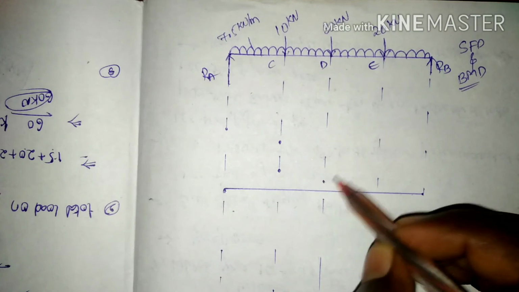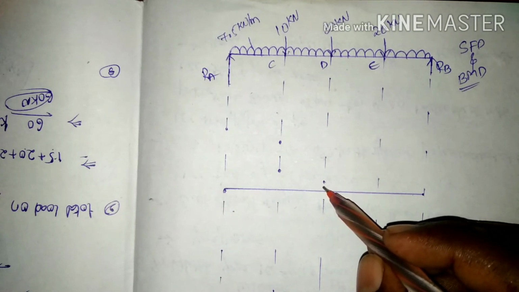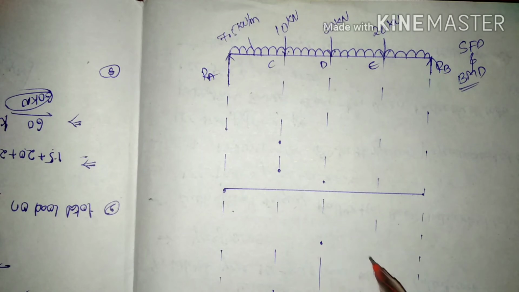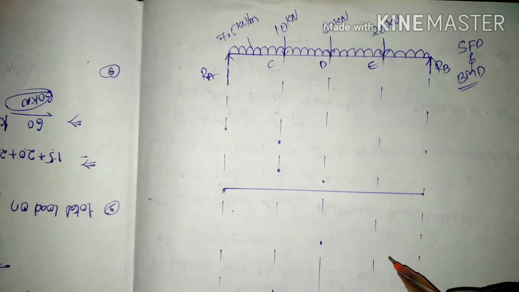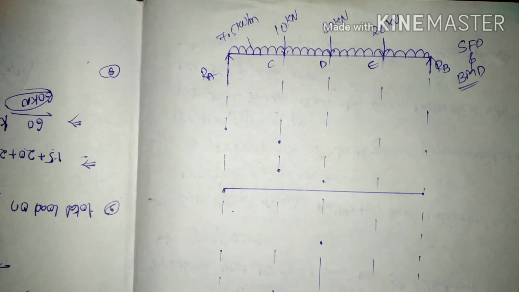For the right of D, we go with minus 26.25. Moving on to E, we have minus 41.25. Here itself, let it be. For the right, we have minus 61.25.